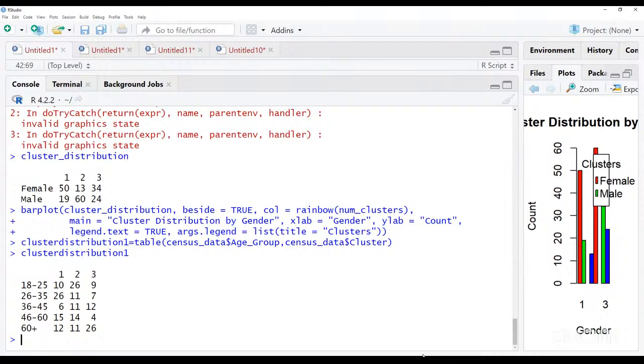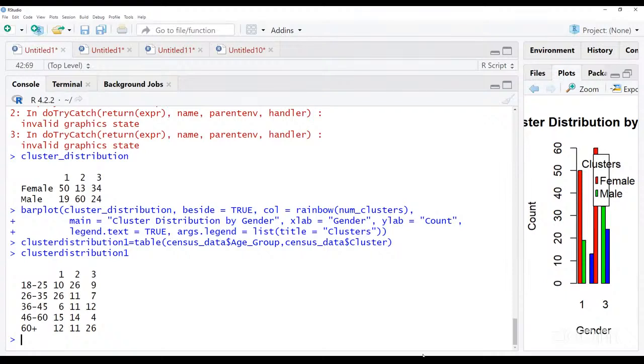Okay. We can do the chi-square test also, because the chi-square test provides you the difference between observed and expected frequencies.